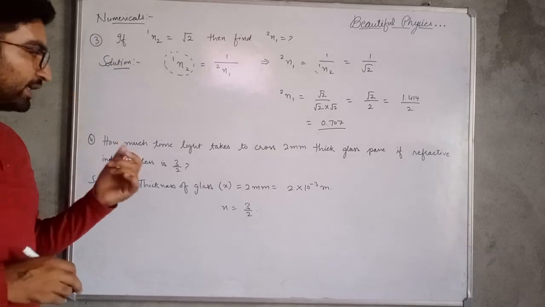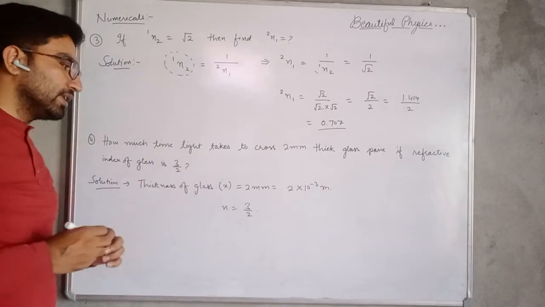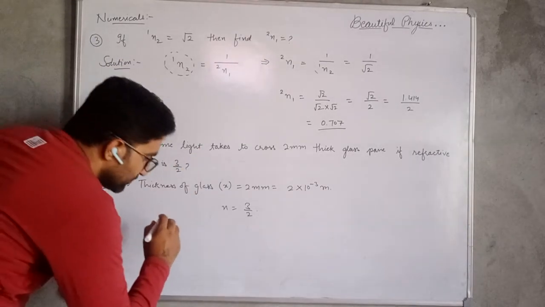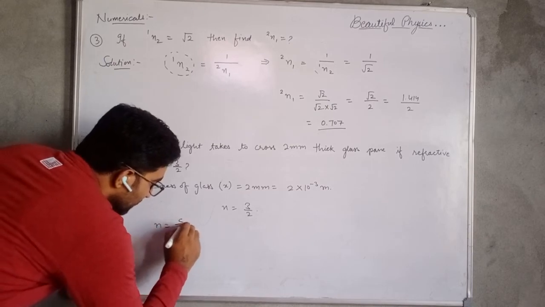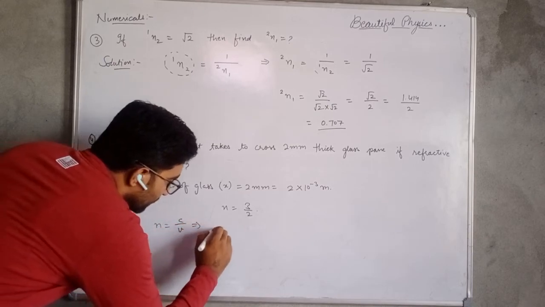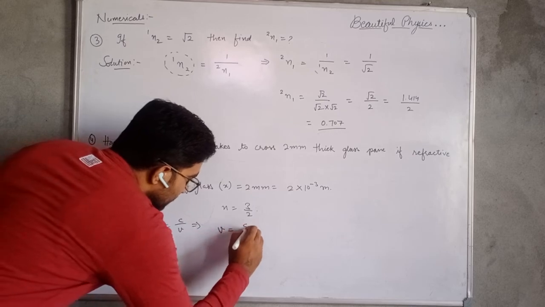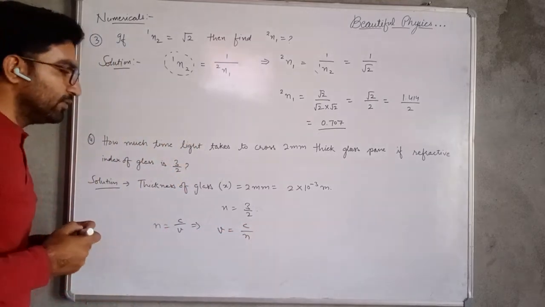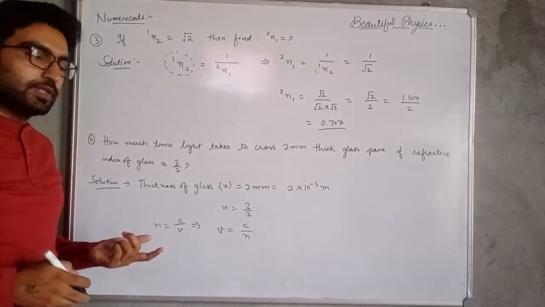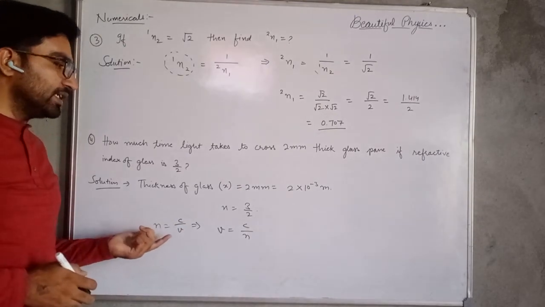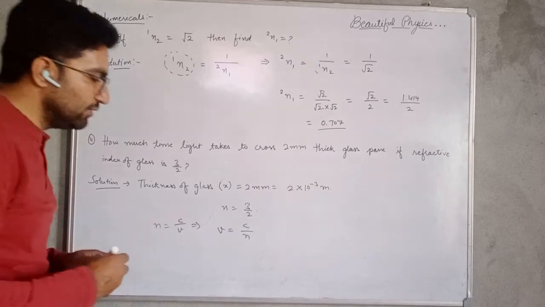We have to first find out the speed of light in the glass, and from the refractive index we know that n is equal to c by v, or v is equal to c by n. Here v represents the speed of light in glass, c represents the speed of light in vacuum, and n is the refractive index of the glass. Let's put the values here.